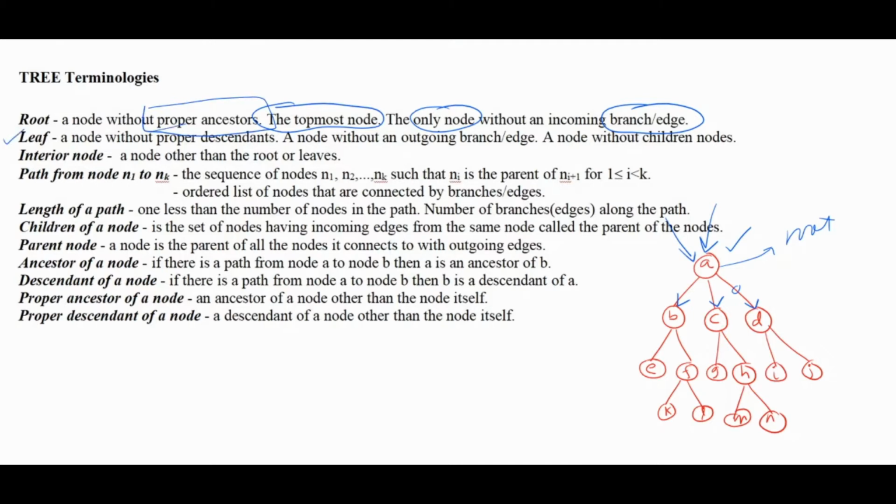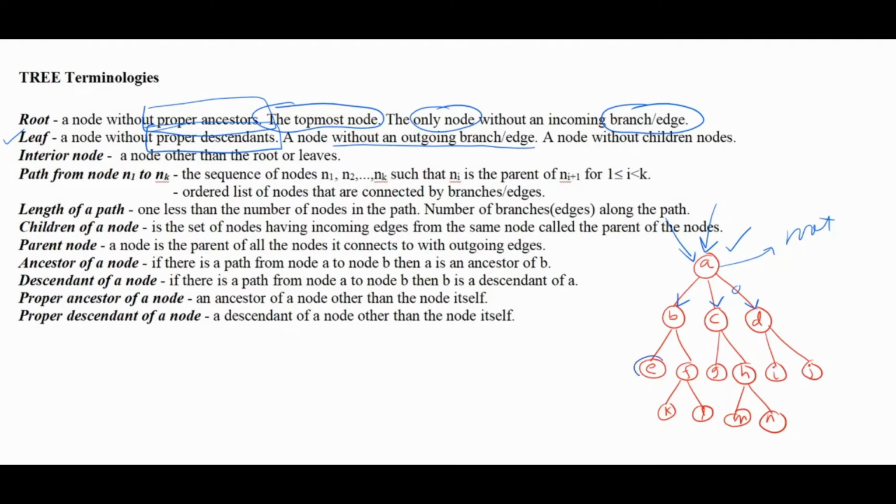Second is leaf. A leaf is a node without proper descendants. We will come back to that definition later. A leaf is a node without an outgoing branch or edge. So, which of these nodes in the given tree are leaves? Again, a leaf node is a node without outgoing branch or edge.